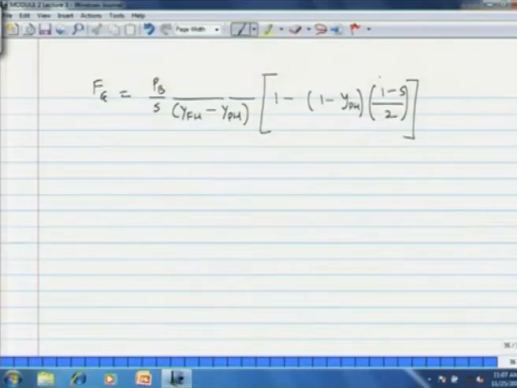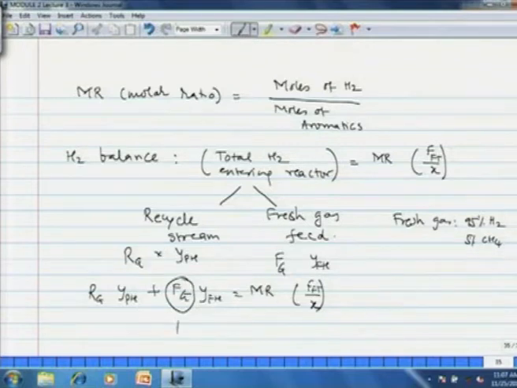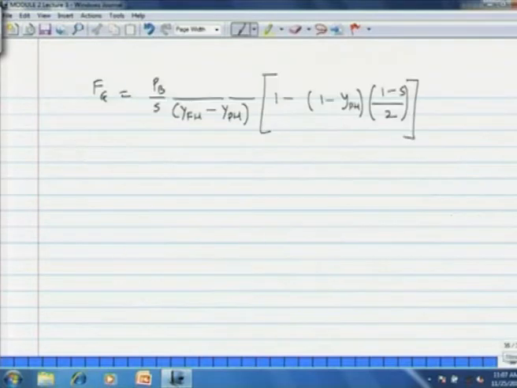If you substitute Fg in the previous balance here and simplify, then we get an expression for Rg in terms of the production rate of benzene, the selectivity, the mole fraction of hydrogen in purge stream, and mole fraction of hydrogen in fresh stream.